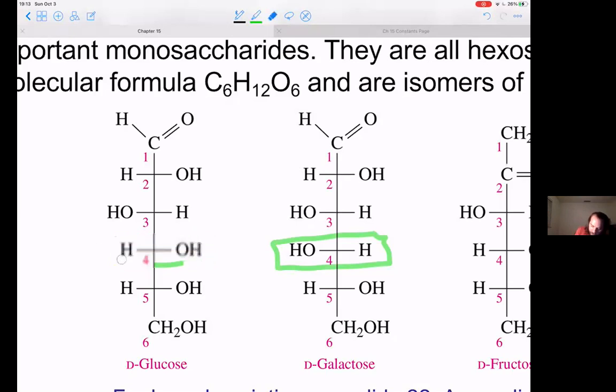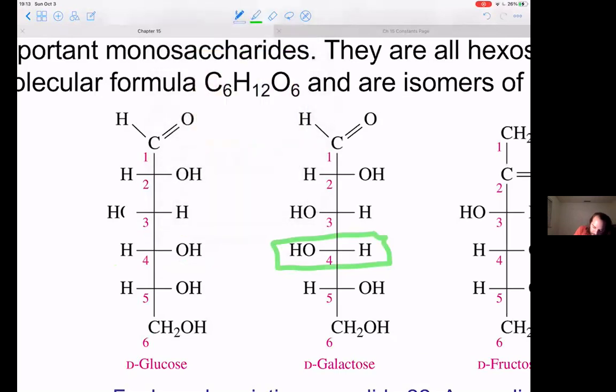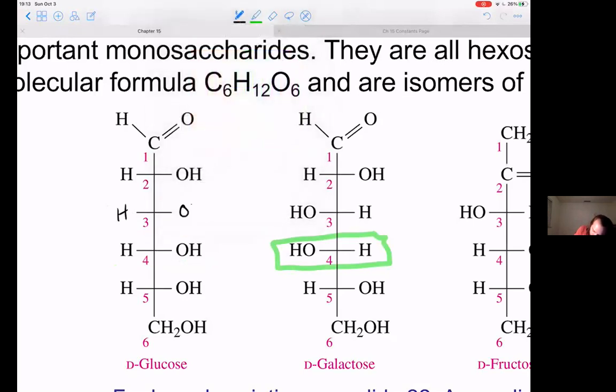So if I took this third carbon and I swapped the hydroxyl group, this would now be a new sugar. I honestly don't even know what sugar that would be, but it would be another sugar. It would have another name, maybe mannose, something like that, okay? So that's the big difference between all the different sugars, just the position of the hydroxyl group on those various carbons.